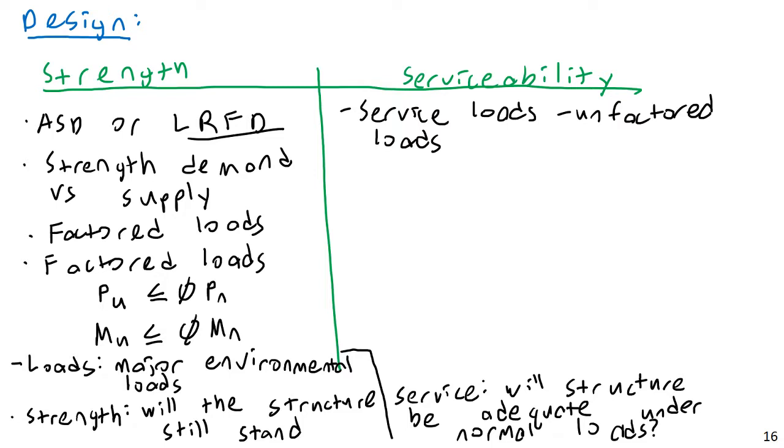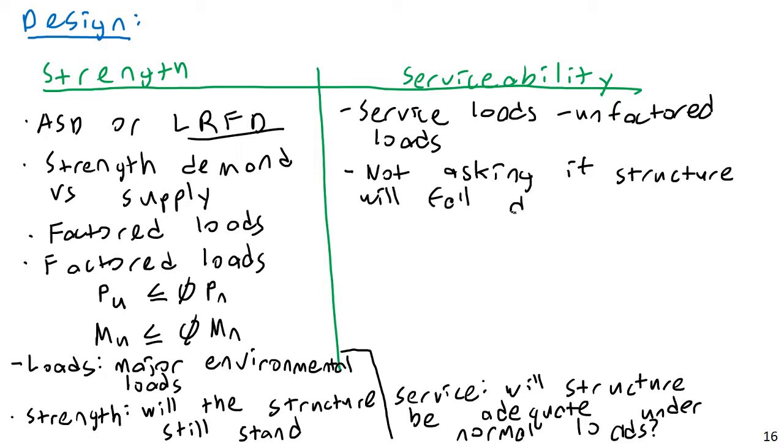When we're talking about serviceability, we're talking about deflections. So we're talking not about strength, not about structural failure, but about deflections. So serviceability is all about deflections. We're not asking if the structure will fail. Of course we can say something fails serviceability, but we're not asking if the structure will fall down. We're asking whether it will deflect too much, primarily.